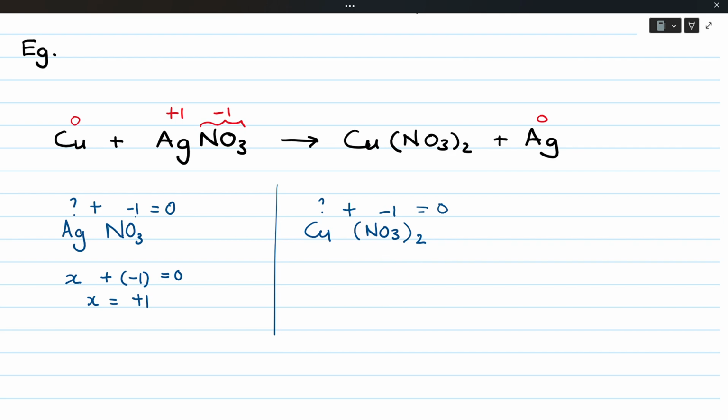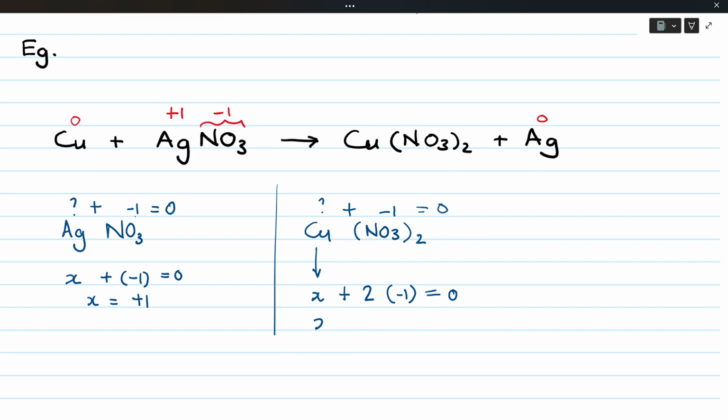So when you're writing your equation here, you need to do it as follows. We've got a question mark, which I'm going to call x, plus. I know nitrate is -1, but I've got 2, so I need to put a 2 in front of my bracket. Okay, so x plus 2 nitrates, which have an oxidation number of -1, must give me an answer of 0.